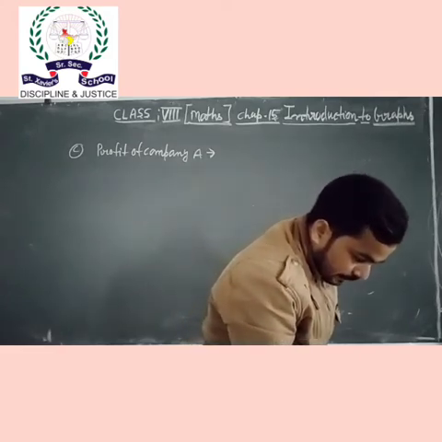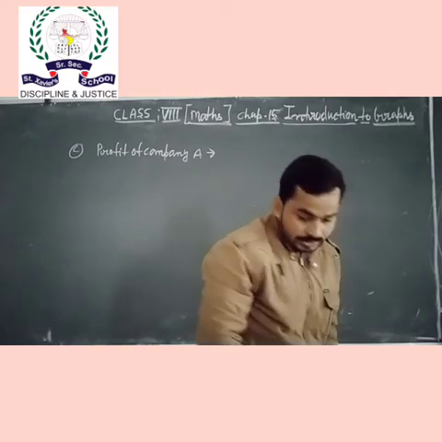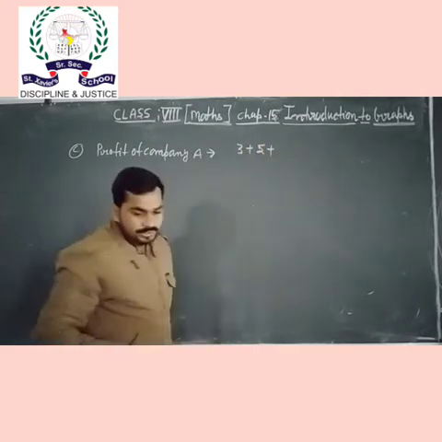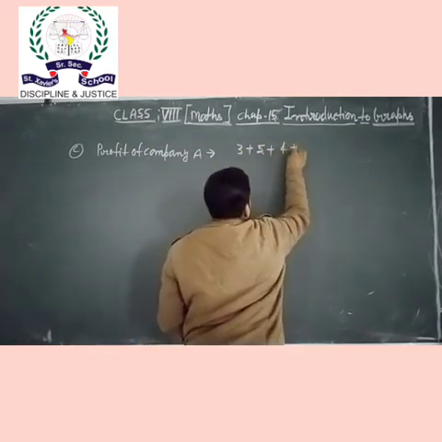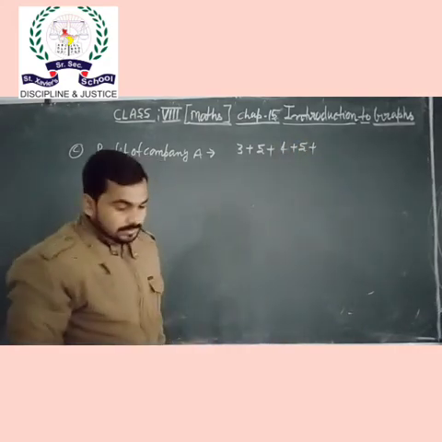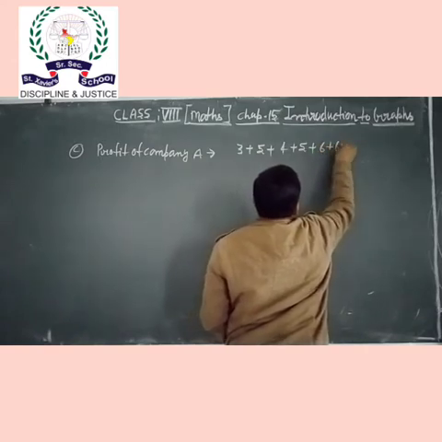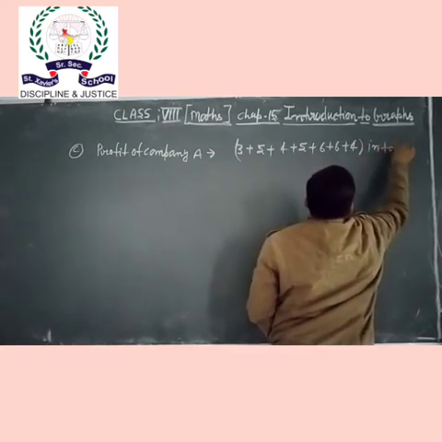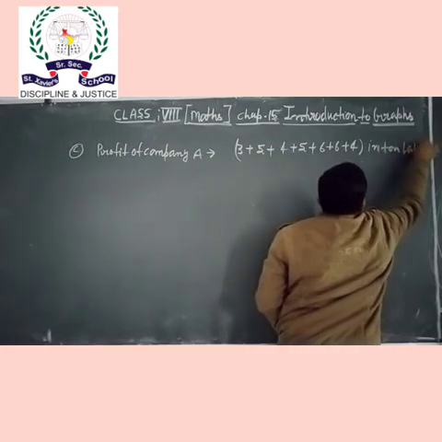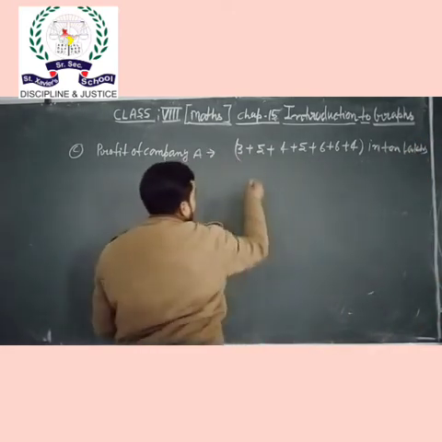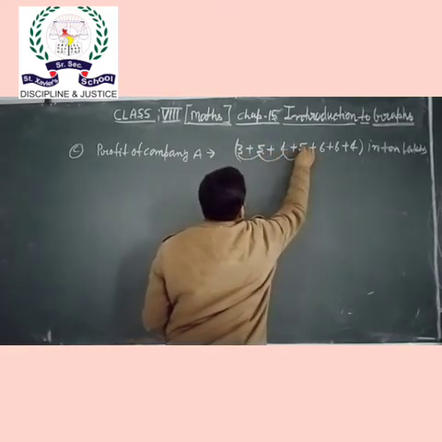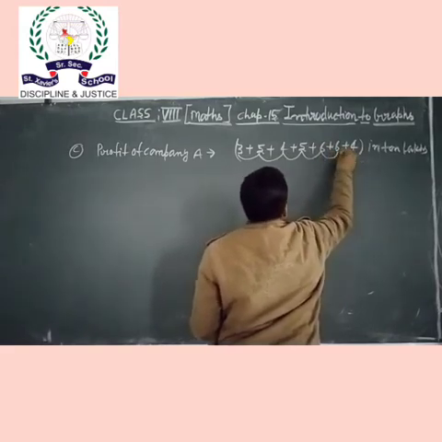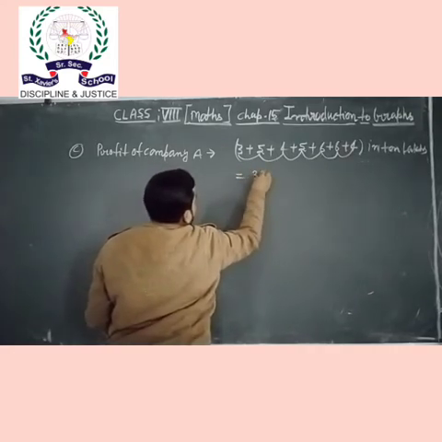So if we write 30 lakh plus 50 plus 40 plus 50 plus 60 plus 60 plus 40, in 10 lakhs: 3, 5 is 8, 4 is 12, 5 is 17, 6 is 23, 6 is 29, 4 is 33, times 10 lakh.